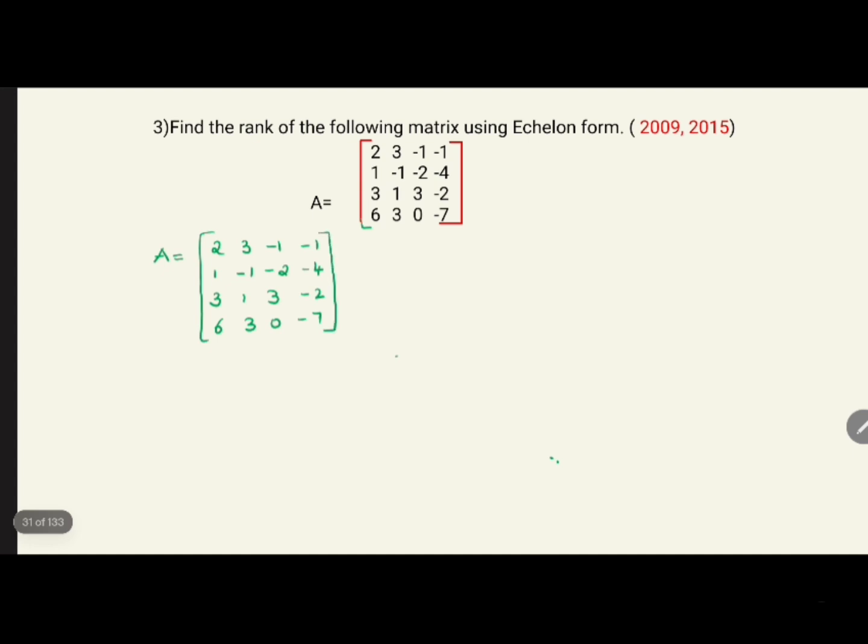Now, check the principal diagonal. This is the principal diagonal, and we should make these 6 elements 0. For that, what is the first step? I should make this A11 equal to 1. Now I will swap the first row with the second row, because in the second row the first element is 1. So I will swap R1 with R2.